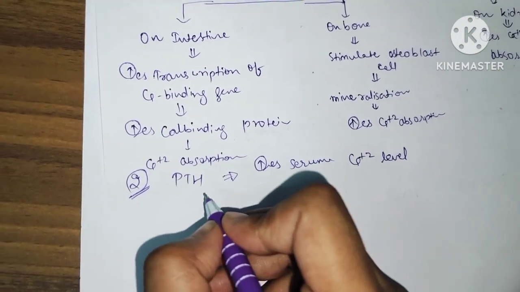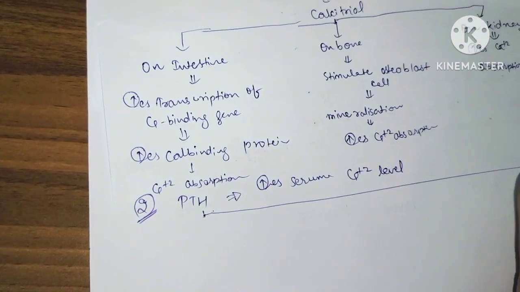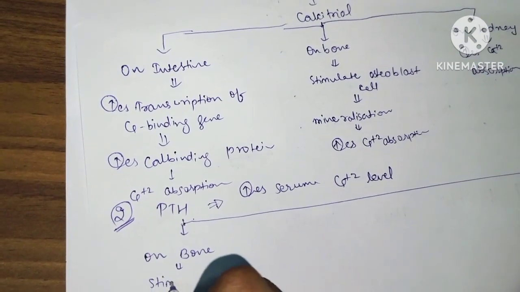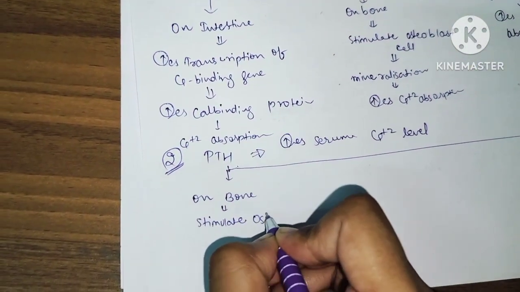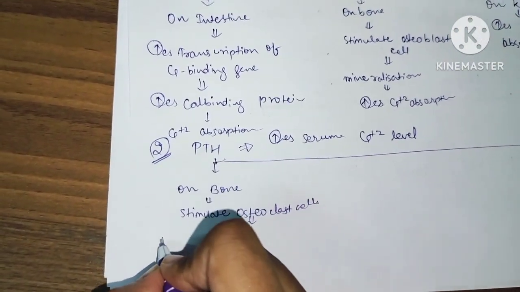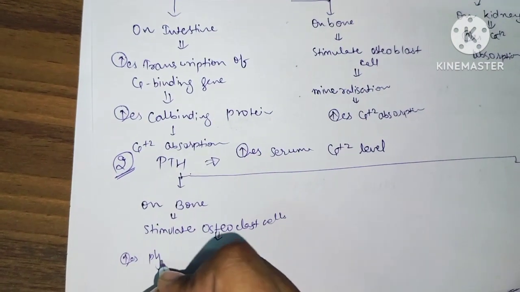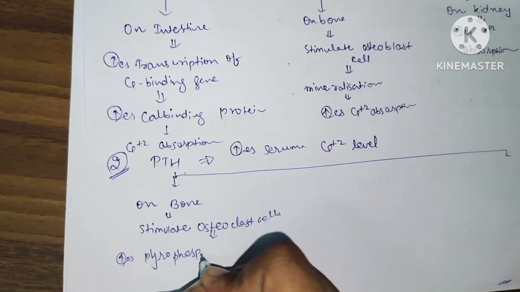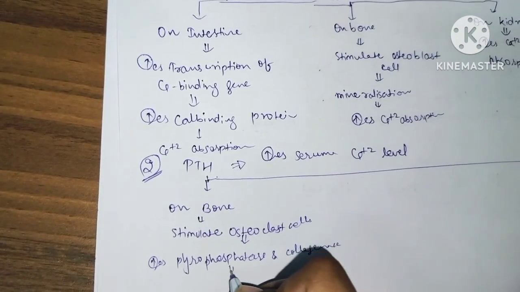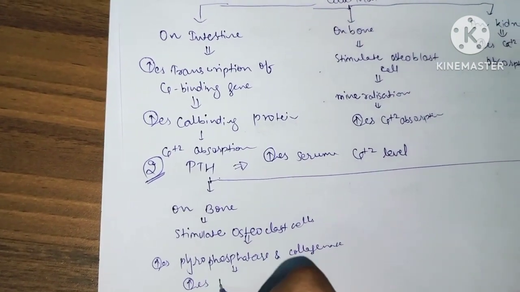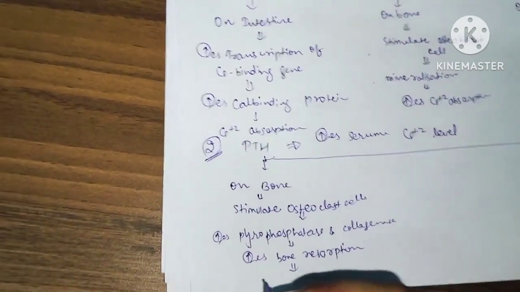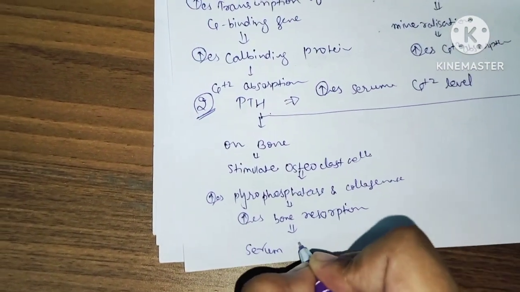Its action on the different tissues, firstly on the bone, it stimulates the osteoclast cells, which increases the activity of pyrophosphatase and the collagenase. So, bone resorption increases and demineralization of bone increases and the serum calcium level increases.